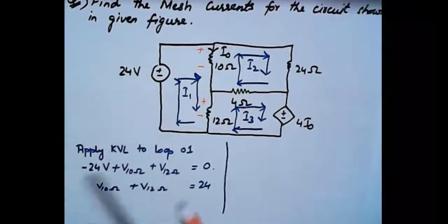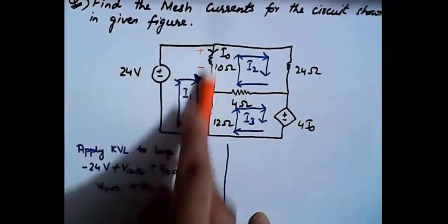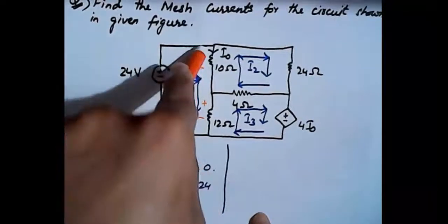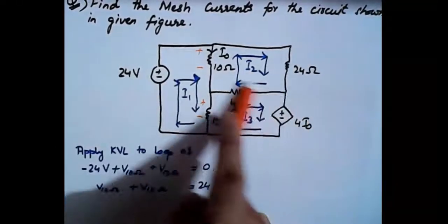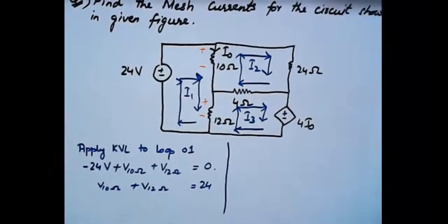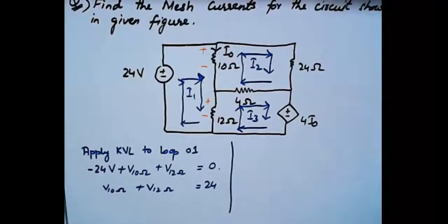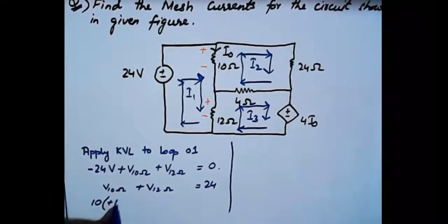I should have drawn I1 a bit extended because its path of flow is this, right? So it is entering the positive terminal, and I2 from this point is entering the negative terminal, right? So what will be the resistance? 10 ohms. We had 10 ohm resistance, so it will be 10 times I1 entering the positive terminal, that means plus I1, and then we have I2 entering the negative terminal, that means minus I2.